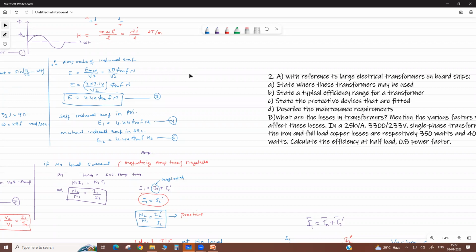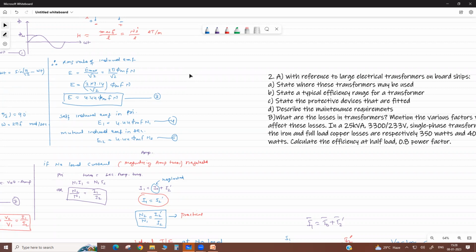So if due to overload the temperature is increased, and the temperature of the winding increases, then the insulation may be damaged. So we provide temperature monitoring sensors. We put a thermocouple on the winding and insulation surface so that we can measure continuously. Other protections are like open circuit and short circuit.